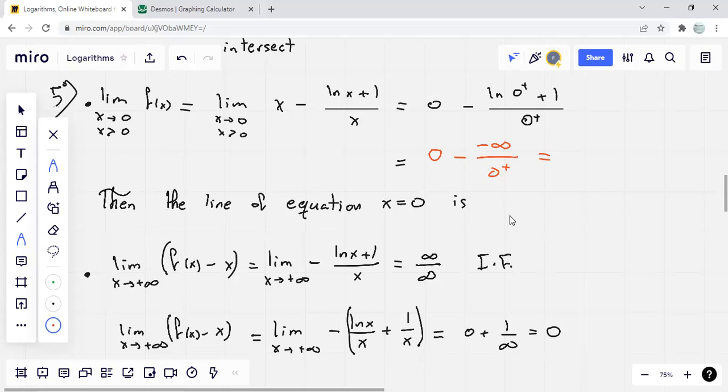Infinity over 0 is infinity. Minus times minus is plus، راح يصير عندنا جواب plus infinity. Okay. Limit لكان as x tends to 0 طلعت plus infinity.